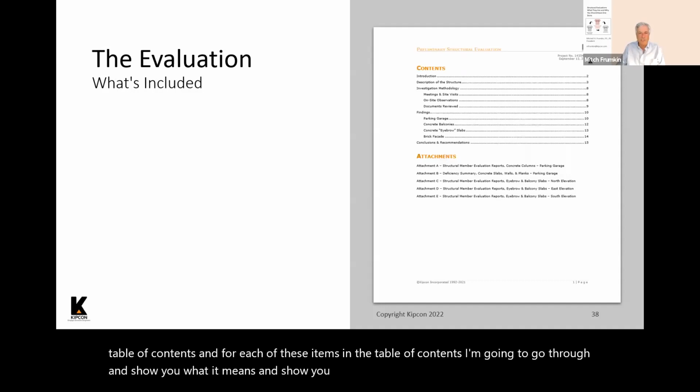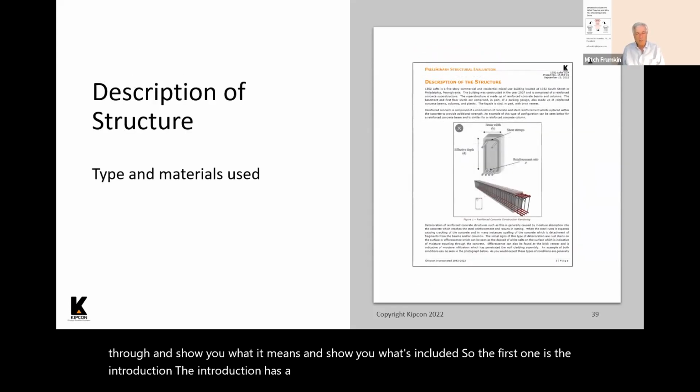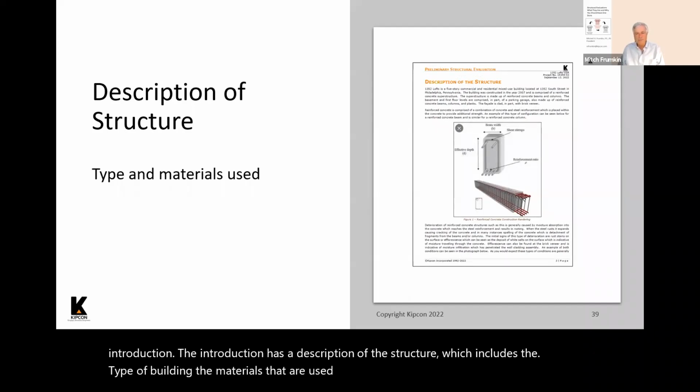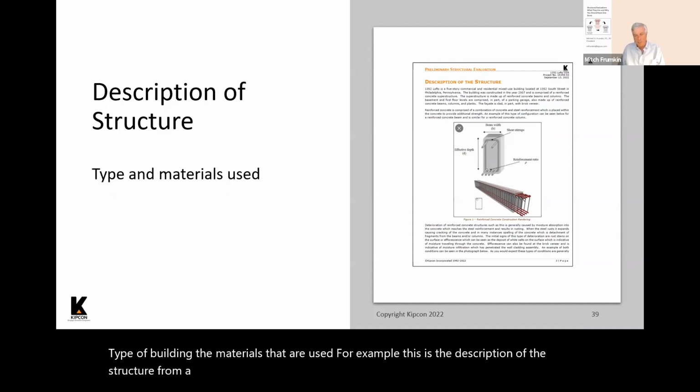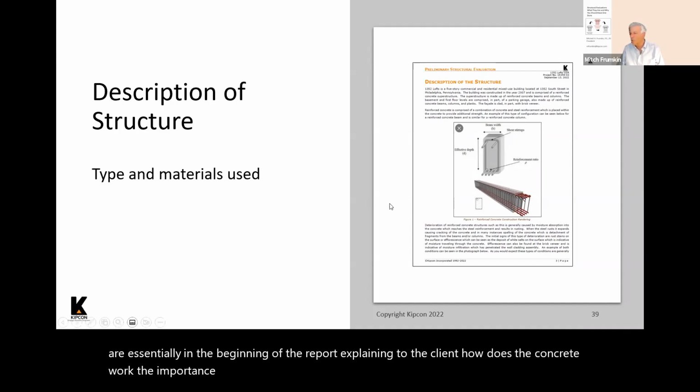The first one is the introduction. The introduction has a description of the structure, which includes the type of building and the materials that are used. For example, this is the description of the structure from an evaluation we've done of a concrete building. These diagrams are in the beginning of the report explaining to the client how the concrete works, the importance of the reinforcing steel, and what it looks like.